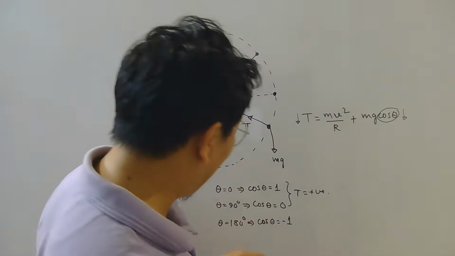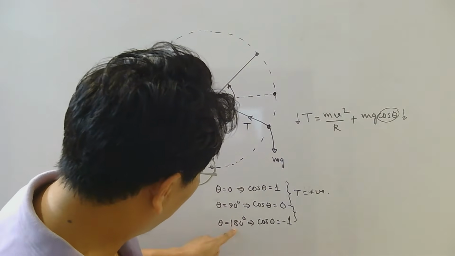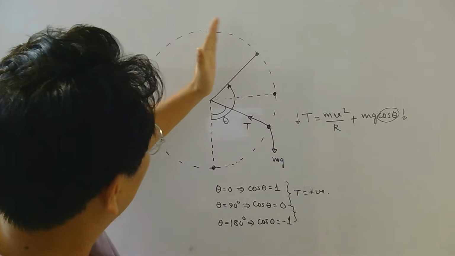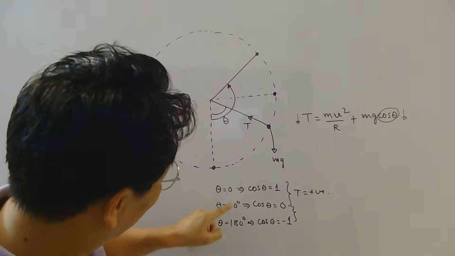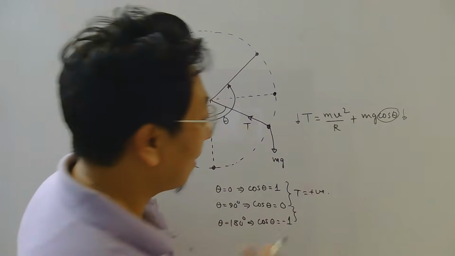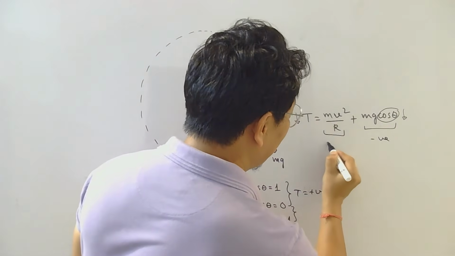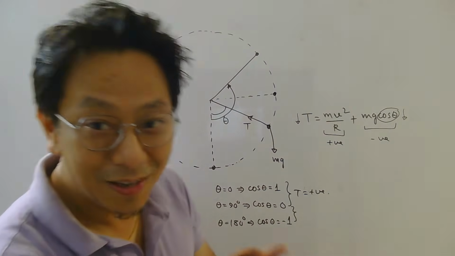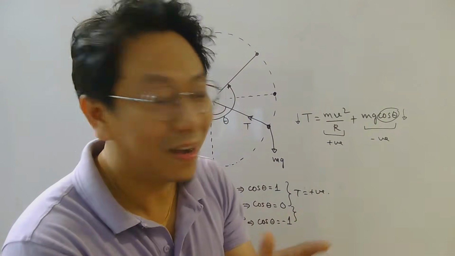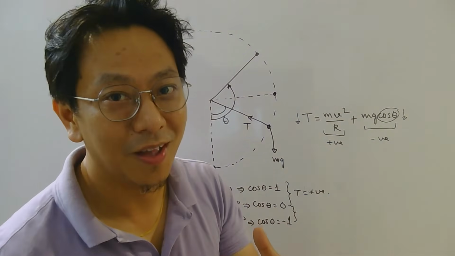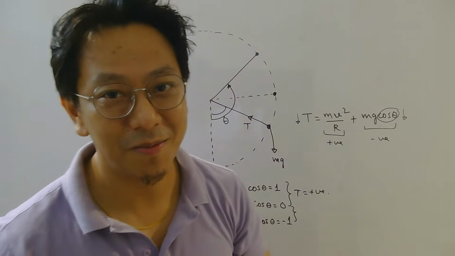So between 90 degrees and 180 degrees, cos is negative. That means this term became negative and this term is positive. So you see there is a possibility that this and this may add and give you 0. And that's why there is a chance that tension somewhere here may become 0. Okay?